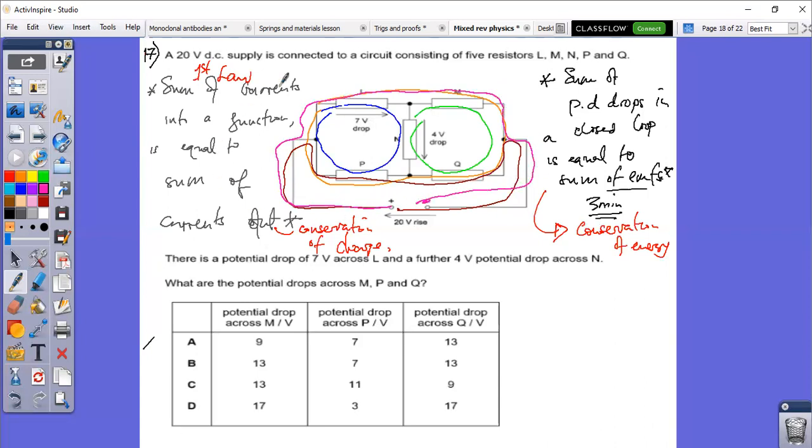In all these loops, all the different loops you've seen me draw, this law applies. So it's now applying this law to answer this question. How can you apply that law to answer that question?